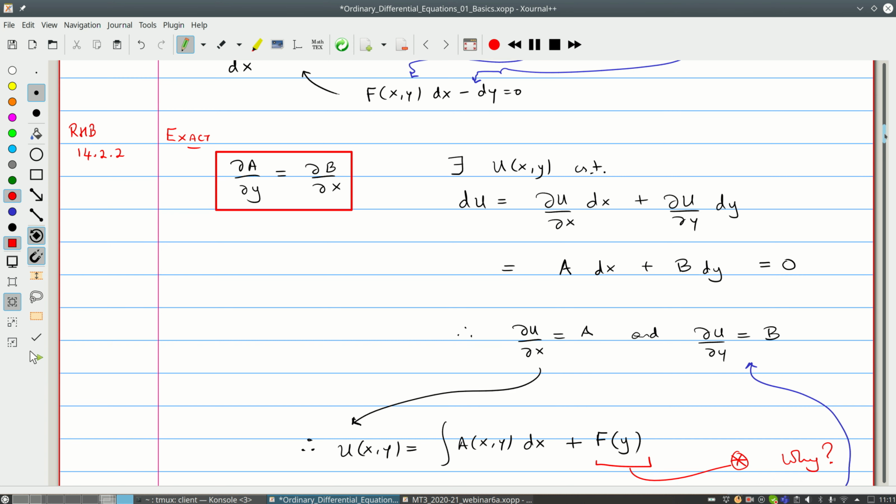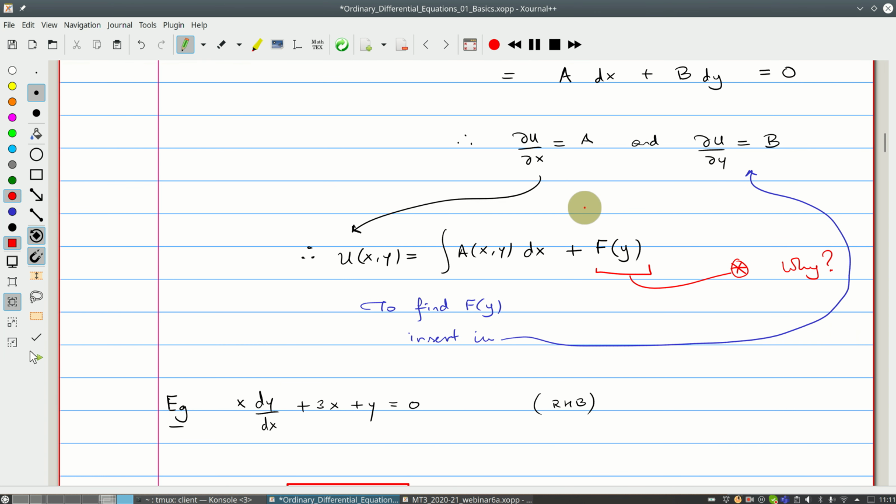And we can then integrate these differential equations. If you integrate du by dx with respect to x, what we end up with is that u of x and y is equal to the integral of a with respect to x, and then normally we'd have a constant.